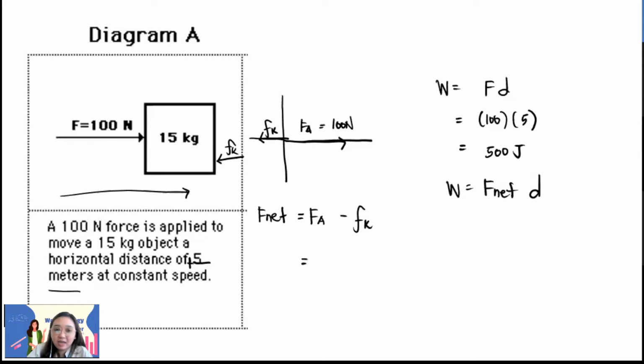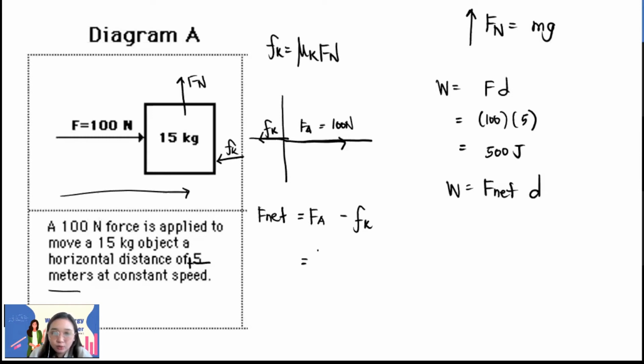So, si FK, or si kinetic friction, equal yan sa mu K times Fn. Ang gagamitin ko dito, Fn is equals to positive mg. Gagamitin kong positive yung Fn dito kasi pataas po siya. Okay? So, wag pong malilito ha. Ang gagamitin kong mg ay positive kasi pataas dito si Fn. Okay?